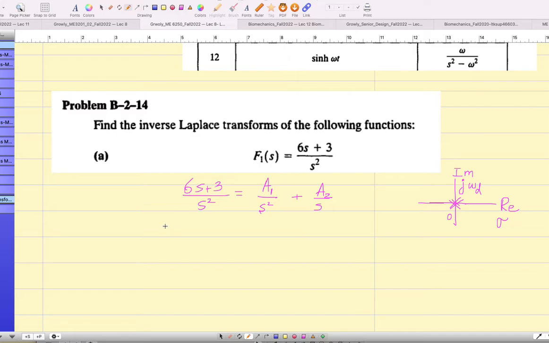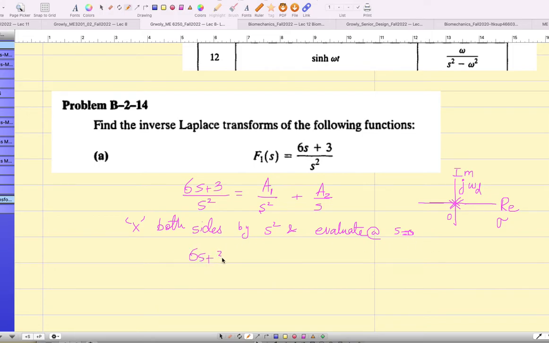Let us do this method. Multiply both sides of the whole equation by s square and evaluate at s equals 0.